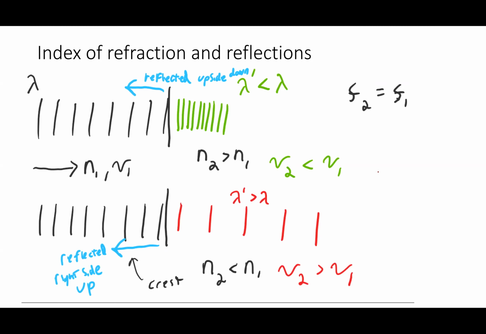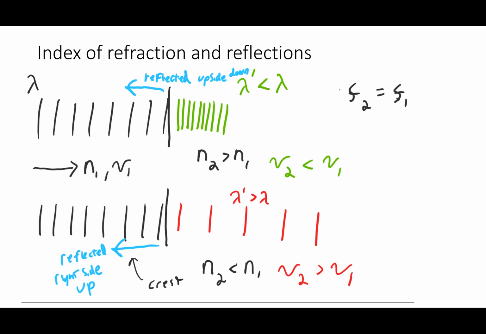So if I have light, like I said, coming in from a faster medium to a slower medium, that wave is going to reflect upside down. The other thing I have to worry about is that when the wave slows down, the spacing between two crests is going to change. This was like when we had those two pulses on a string going from a faster to a slower medium: they got squished together when they slowed down.